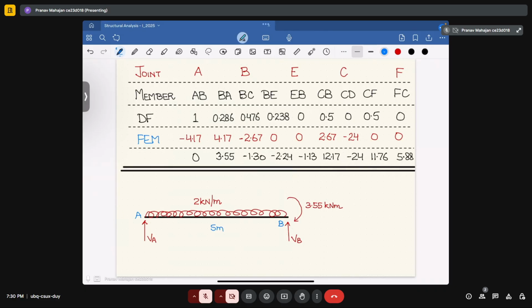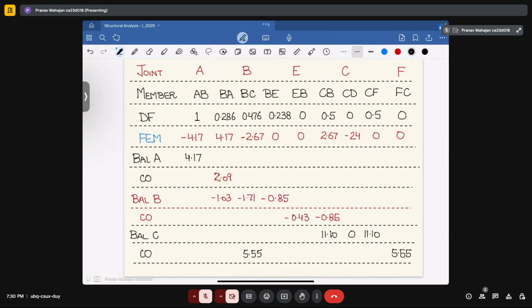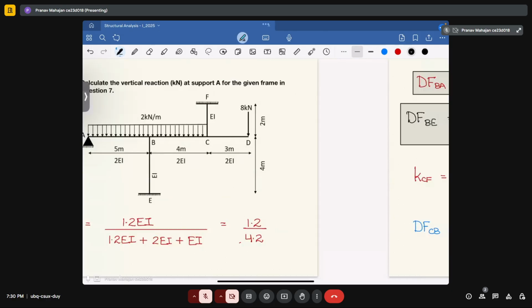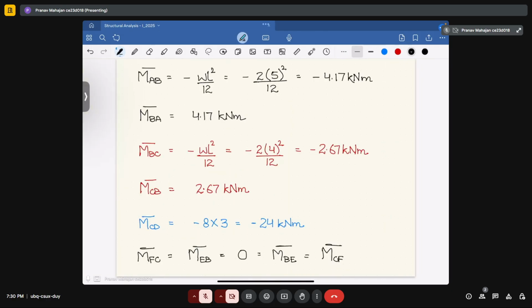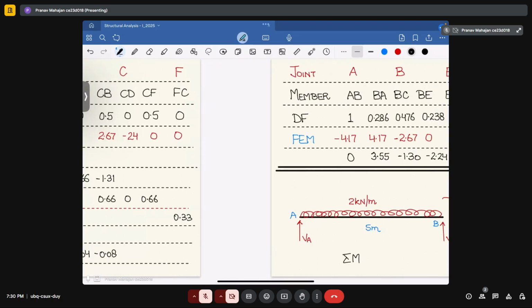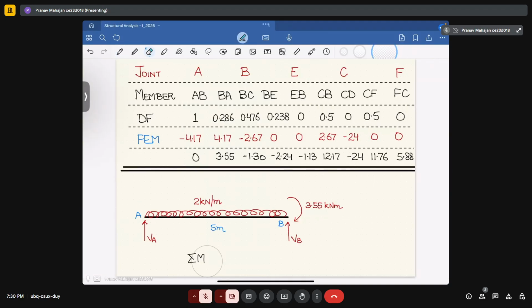Now we'll take summation of moment about B to be equal to 0, because we require VA.